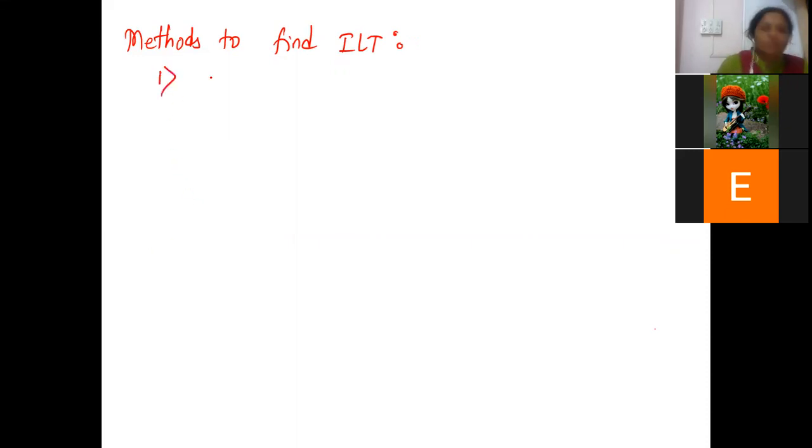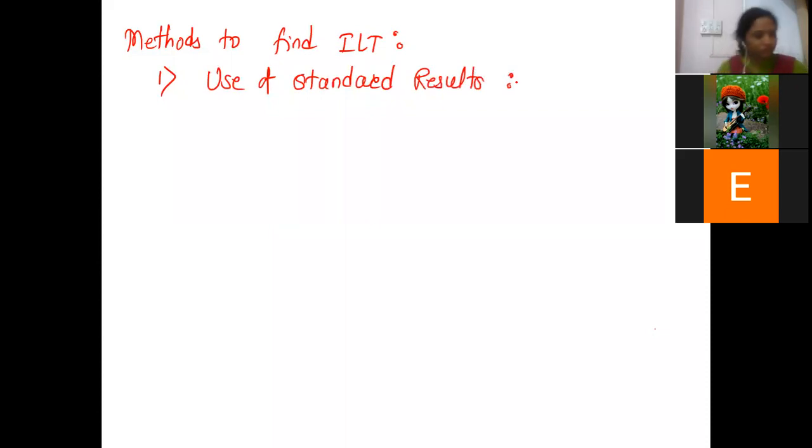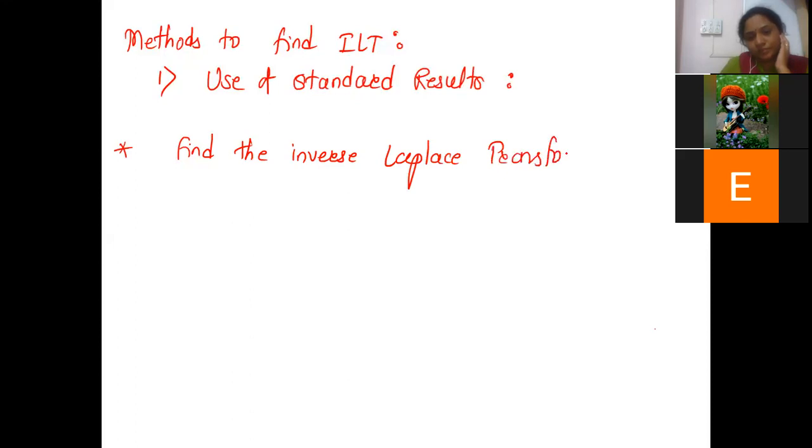Out of which we'll go with the first method, that is the use of standard results. Standard results means formulas. The first question is: find the inverse Laplace transform of 2 by s plus 1 by s cube plus 1 upon s plus 4.